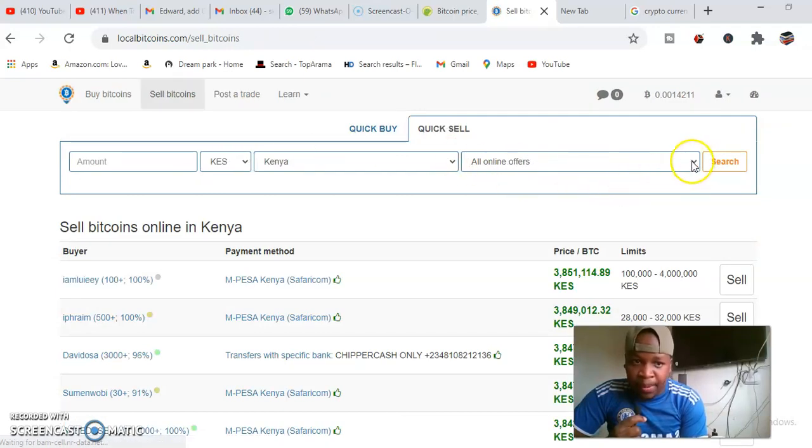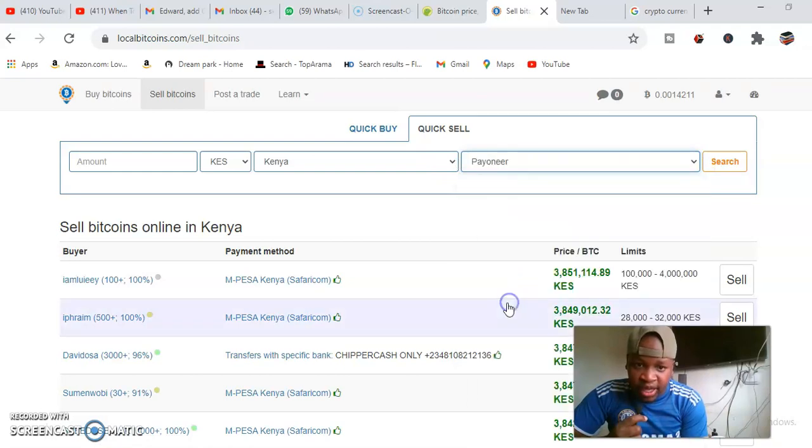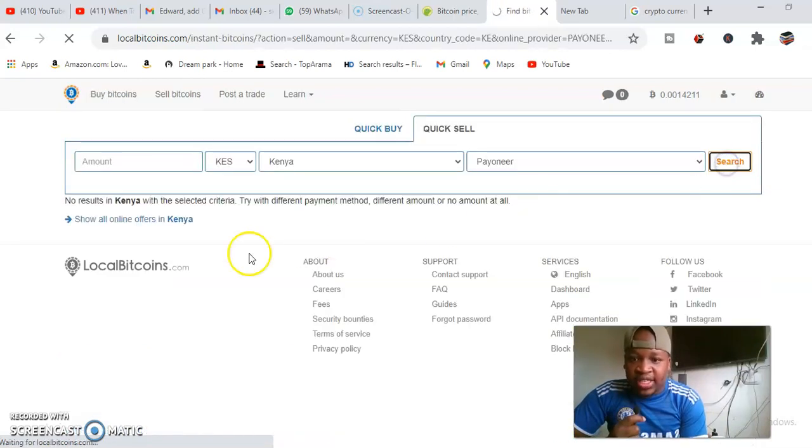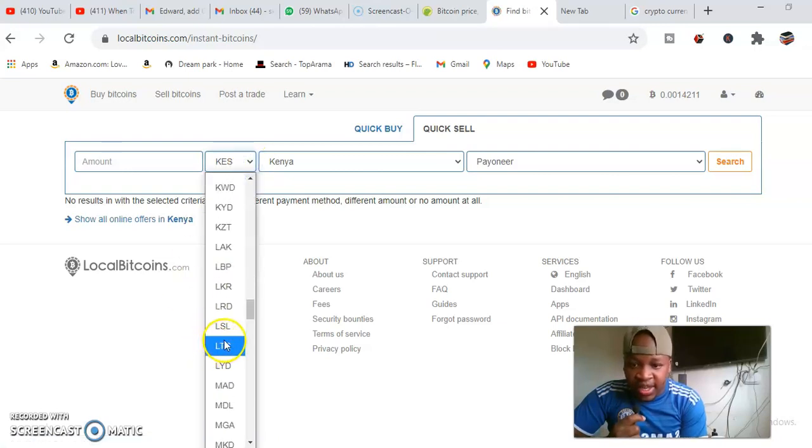So once we are selling Bitcoin, we'll be able to come here and see the payment method that we want. We can select Payoneer, or any other, then we'll be able to search. And the search result will give us only guys selling via that. We can see nobody is selling using that trade.